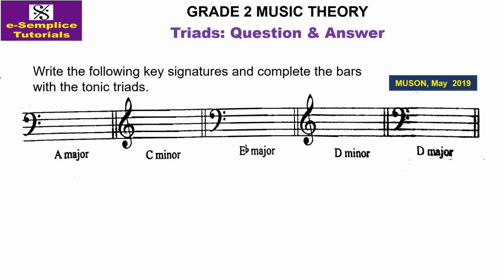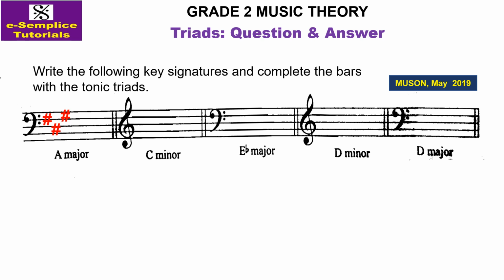What is the key signature for A major? A major has F sharp, C sharp, and G sharp. Have you figured out the tonic triad?